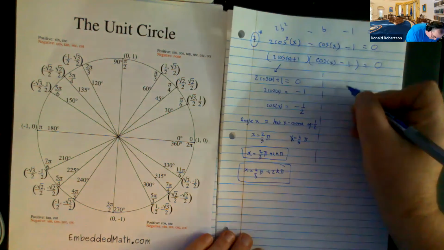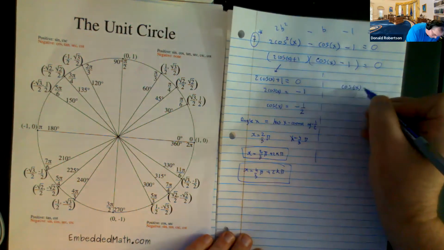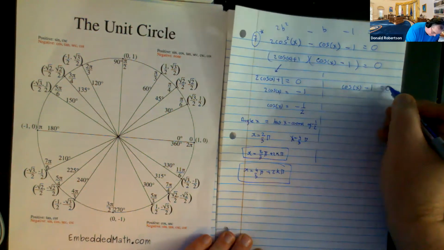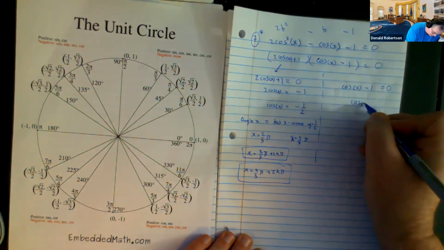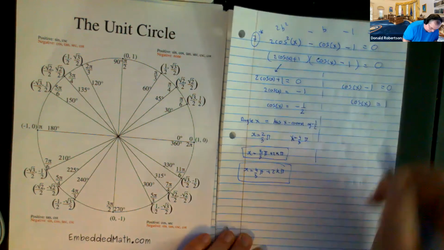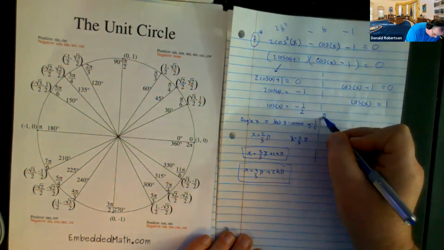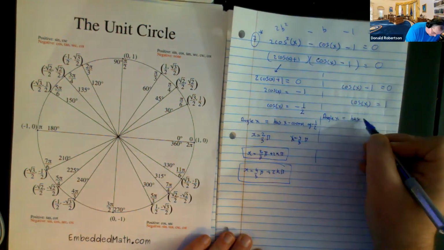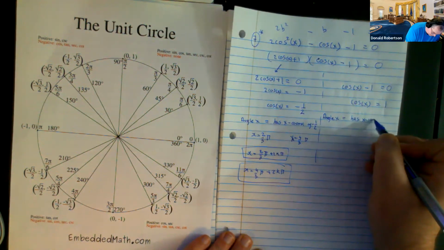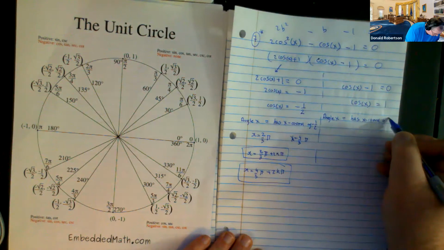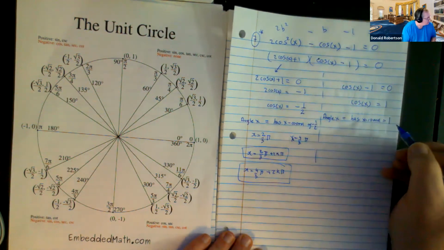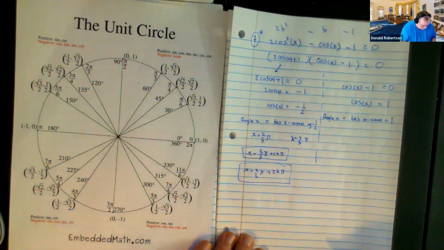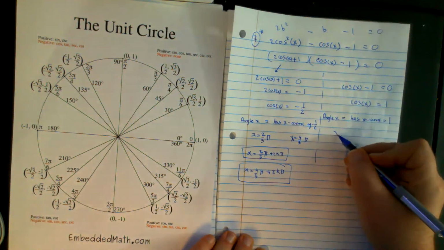Now we've got this fella over here, and he ends up being that guy. And so we're trying to find an angle x that has the property that its x coordinate is equal to 1. Isn't that just 0?